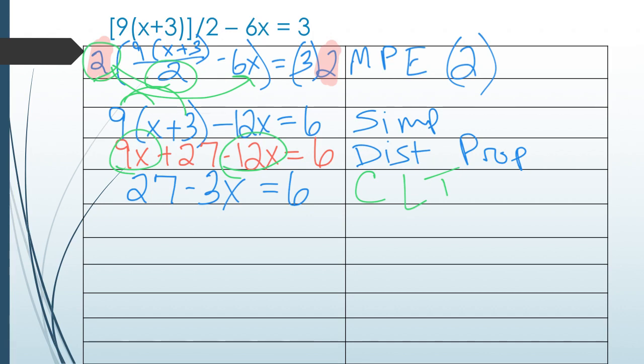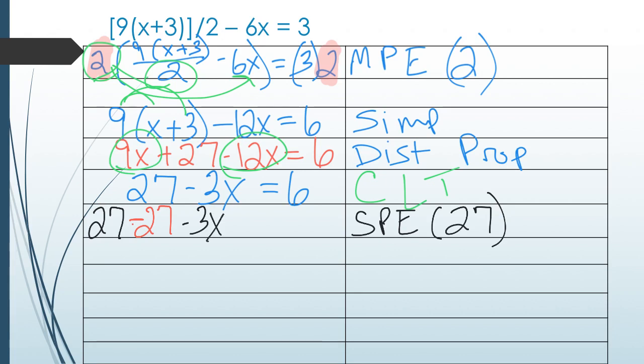So I still want to get rid of this 27 over here. So it is a positive 27. So I am simply going to subtract 27 from both sides. So I have 27 minus 27 minus 3x equals 6 minus 27.